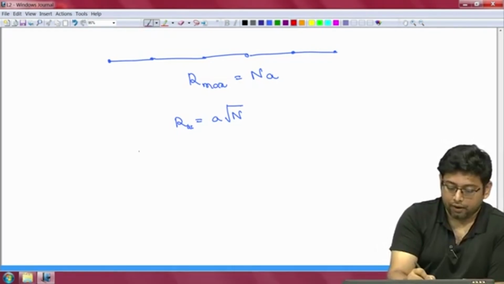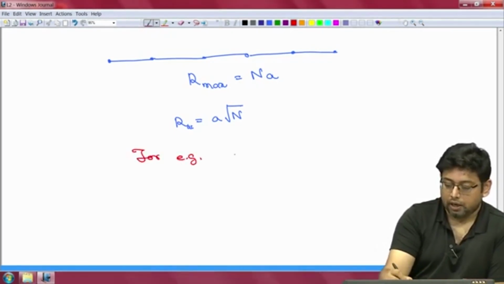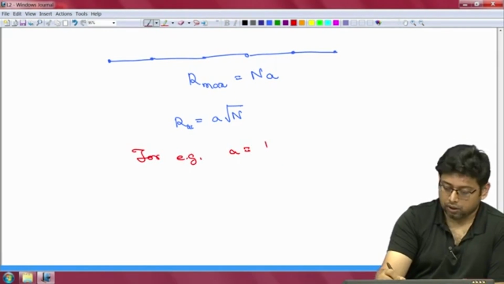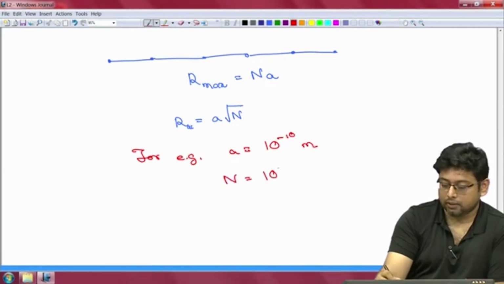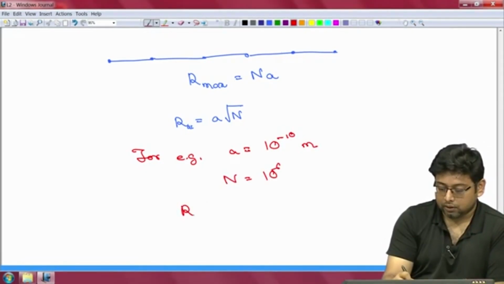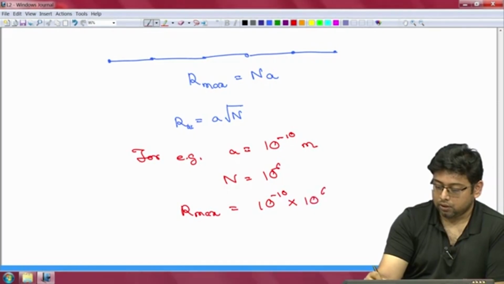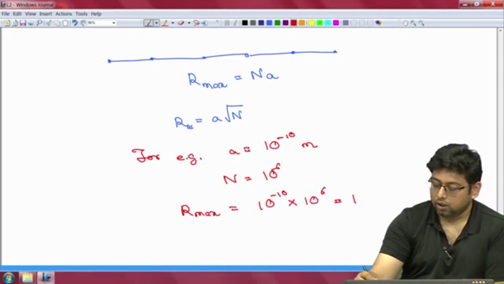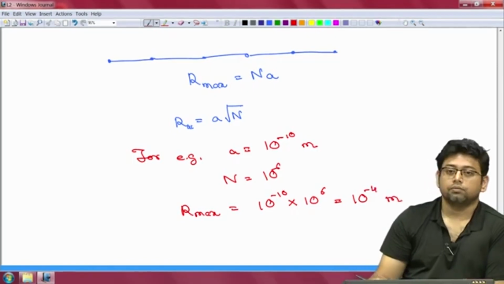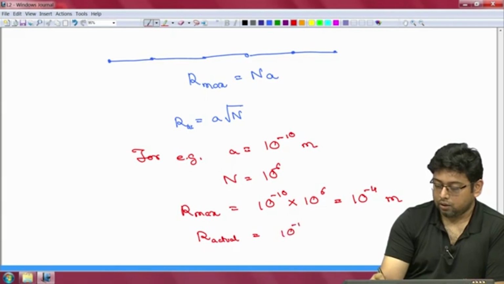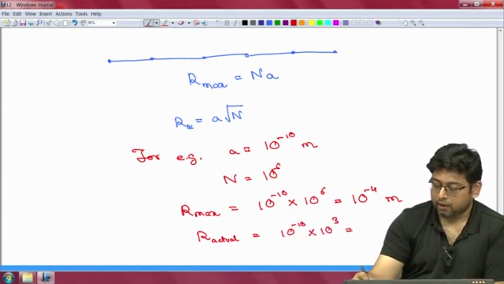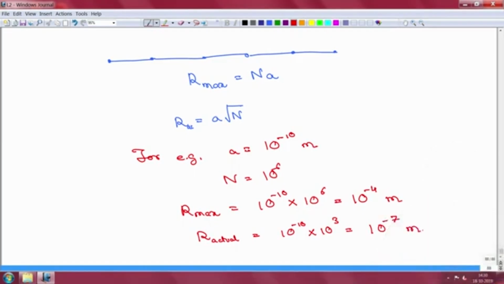If you take for example an A value of let us say 1 Angstrom, 10 to the power minus 10 meters, and n equal to let us say 10 to the power 6, then your R max here is 10 to the power minus 10 times 10 to the power 6, which is 10 to the power minus 4 meters, whereas your R actual is 10 to the power minus 7 meters.